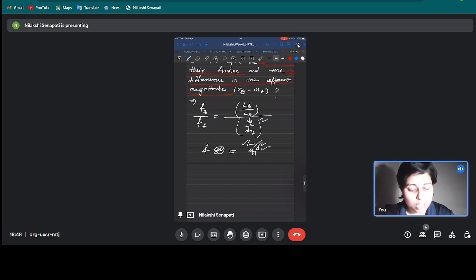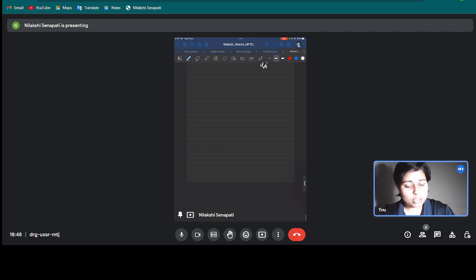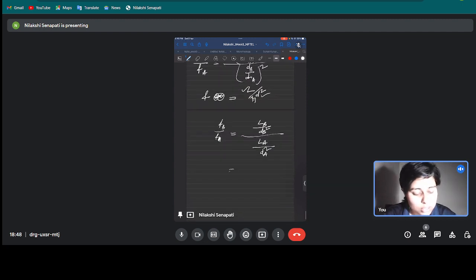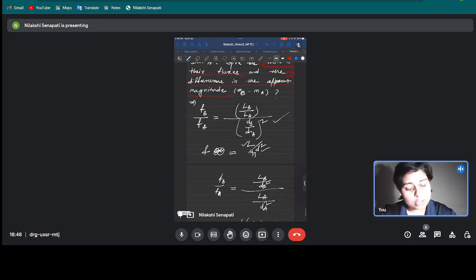Then FB by FA can be written as LB by dB square by LA by dA square, and the 4 pi things are gone. Then what is left is LB by LA by dB by dA square. That is what is written here.